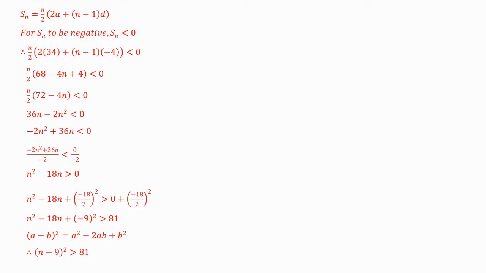So n minus 9 squared is greater than 81. We square root both sides in order to find the value of n. Sorry, n minus 9 is greater than 9, or n minus 9 is less than negative 9.